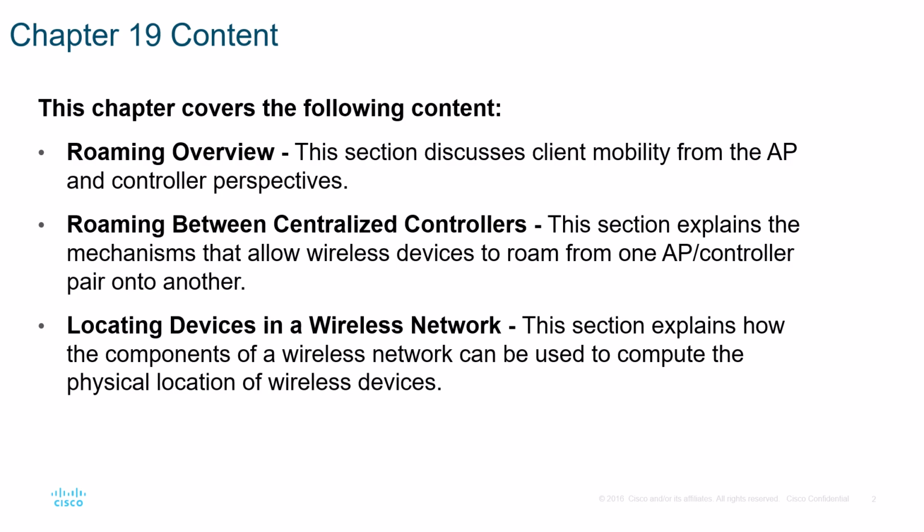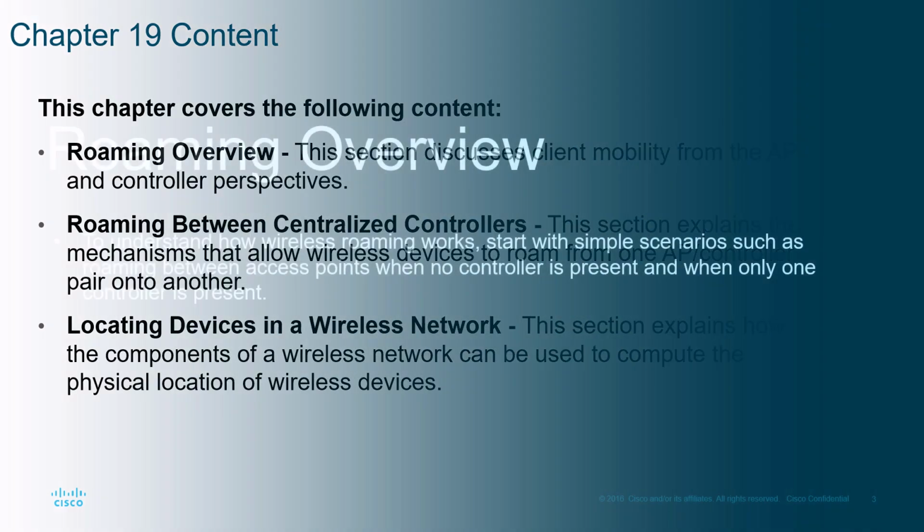And that's a benefit. So in this chapter, we're focusing on three main things: roaming and locating devices within the wireless network. Roaming is going to be an overview of roaming as well as roaming between the centralized based controllers. So let's go ahead and jump right on in.